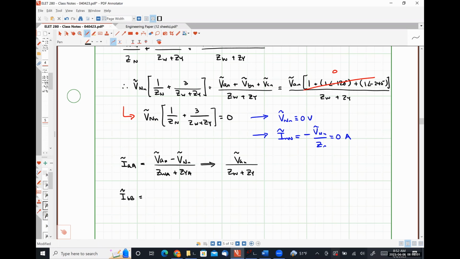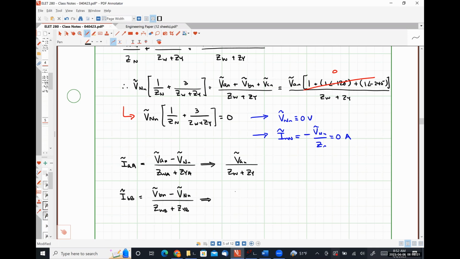IBB was VBN minus VNN over ZWB plus ZYB.